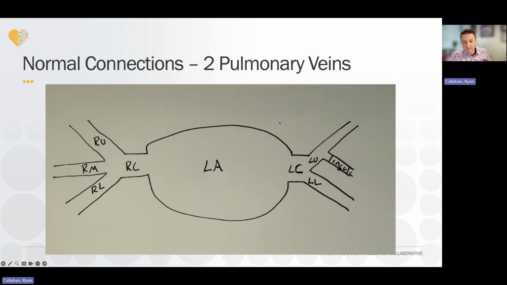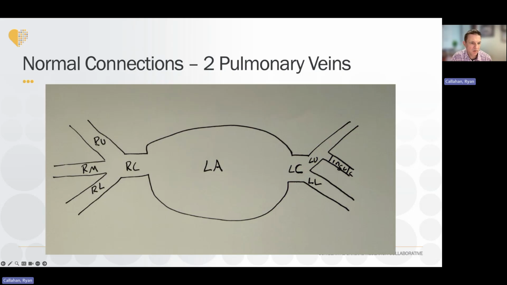The rest of the variants are more rare, and can be seen here. We already talked about the left common, but you can also have a right common, either in isolation, but usually if you have a right common, you have a left common. And then the right middle can really join anything.